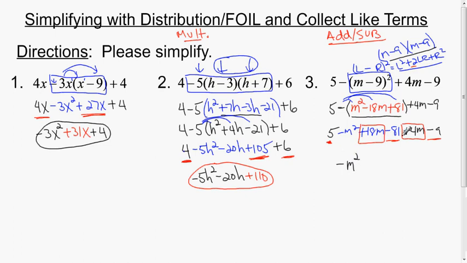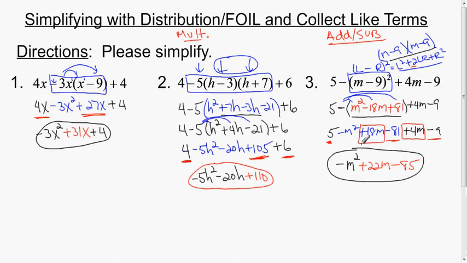And then I will do 18m plus 4m is 22m. And then I will do 5 minus 81 is negative 76. Minus 9 is negative 85. And that is my final answer.